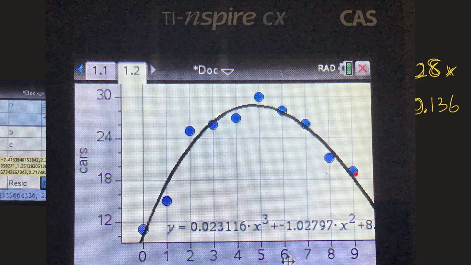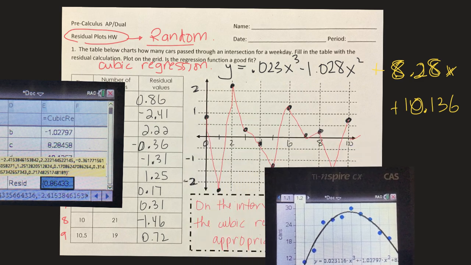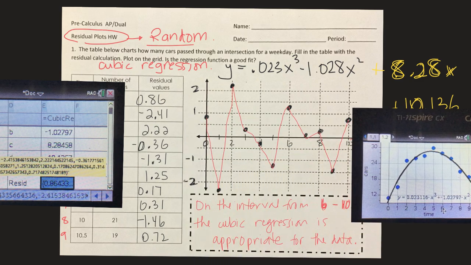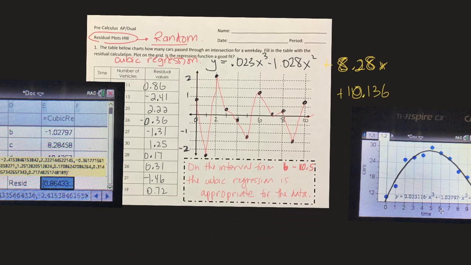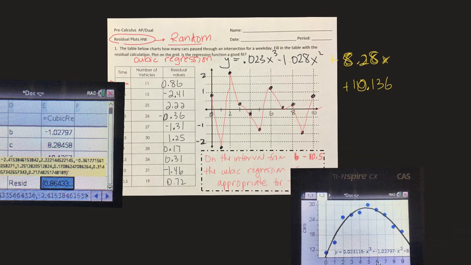It comes out to be random when you plot them together, which means that this equation is appropriate for our time frame. If we were to look at other time frames, it might not be appropriate. But for what we have now, this is a pretty good job. So that's how the plot of a residual can help you decide if your equation is appropriate for your data or not.